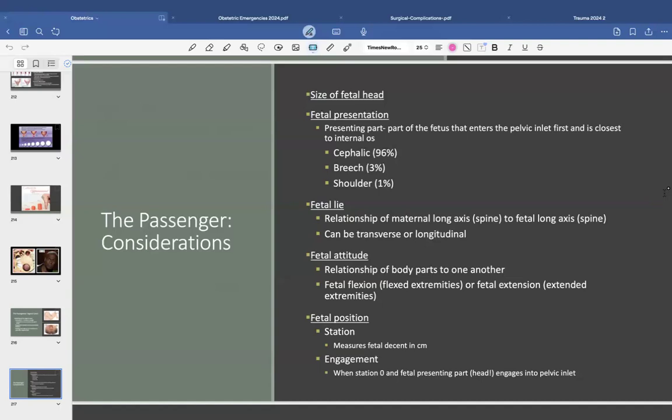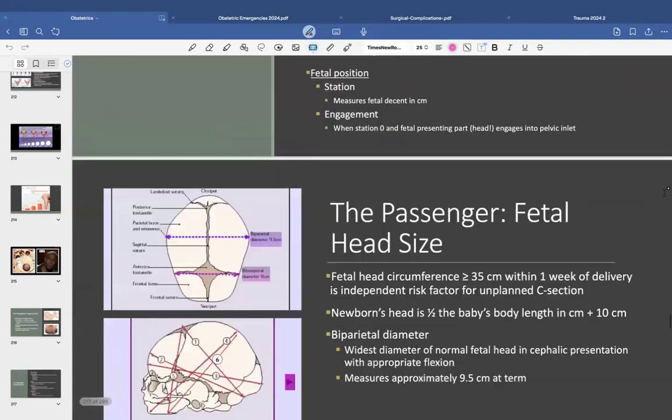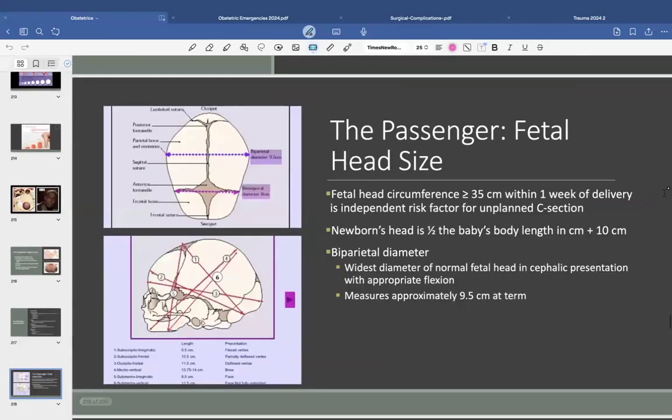So the fetal head circumference being greater than or equal to 35 centimeters within 1 week of delivery is an independent risk for an unplanned C-section. So if the baby's head is greater than or equal to 35 centimeters, this mom might need to do a C-section.